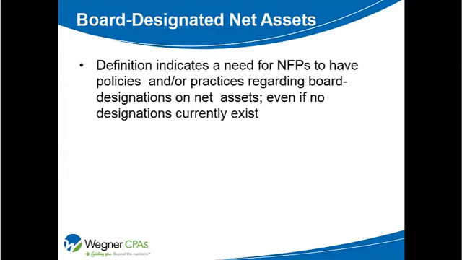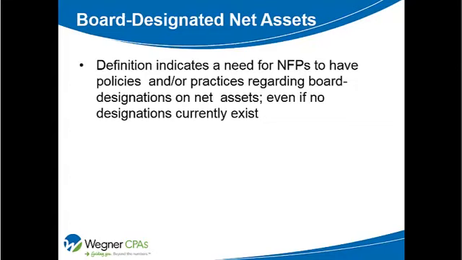If the board does not allow designations, that also needs to be listed in the policy. So something just as simple as not-for-profit entity A does not allow board designations. That's as simple as it needs to be, but it will cover off this requirement. The other thing that we recommend that you include in this policy is how do you go about undesignating something? So let's say the board designated 500,000 for a future capital campaign, but something has happened economically, and that money is needed now to keep the not-for-profit going.